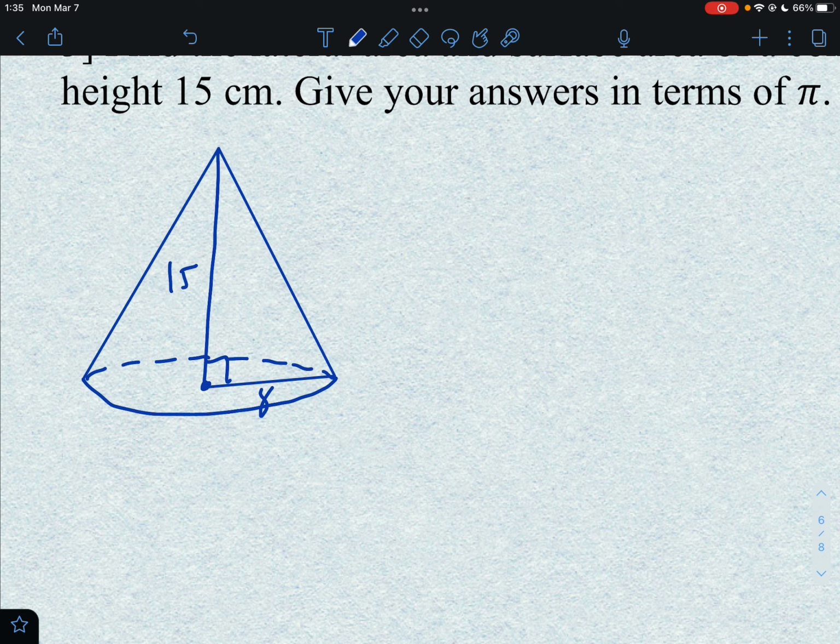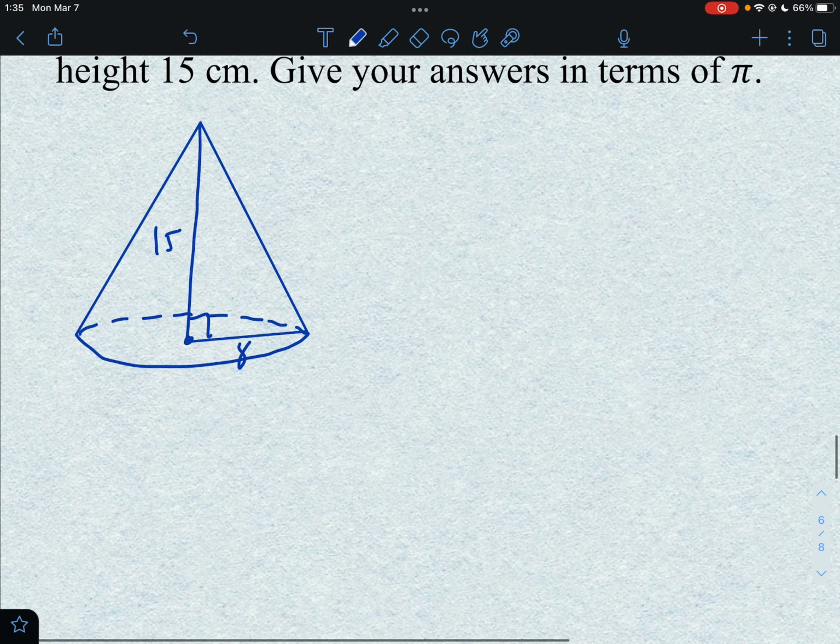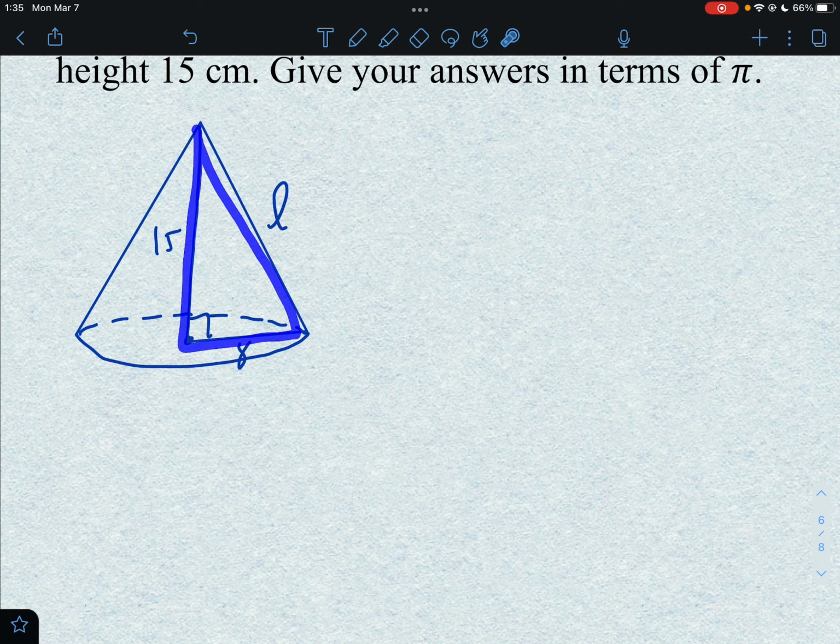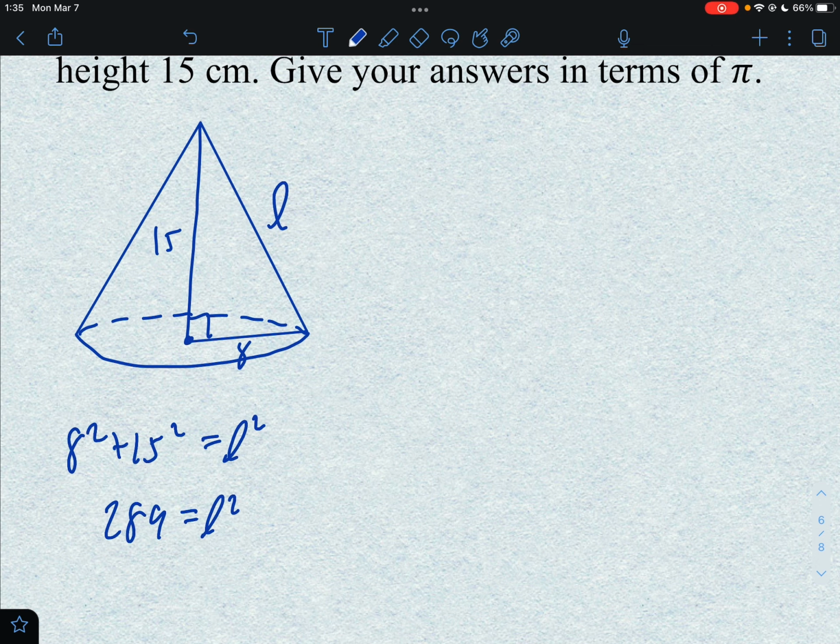But remember, we don't care about the height. What we care about is the slant height. Luckily, we see something that we've seen a lot this year, a right triangle, where we can use Pythagorean theorem to solve for L. And L would be 17.